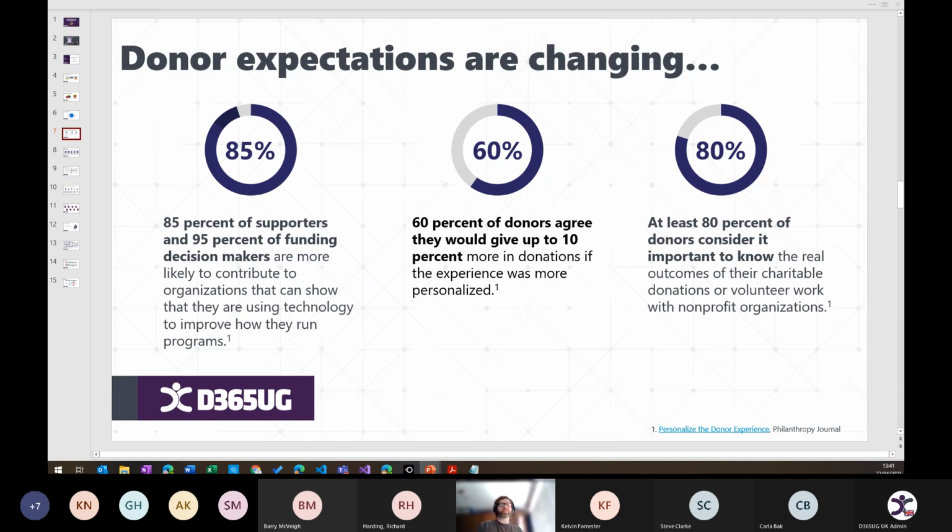Just some stats on the screen there: people are more likely to contribute if they can see that technology is being used to improve how they run programs. There are probably a couple of aspects to that: being able to see that, but also making it easier for you to donate as well.